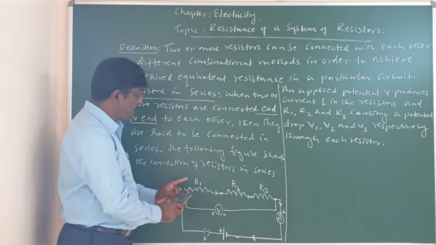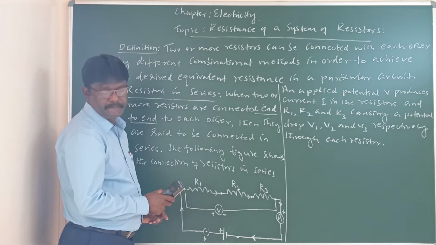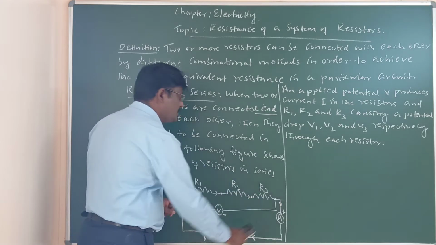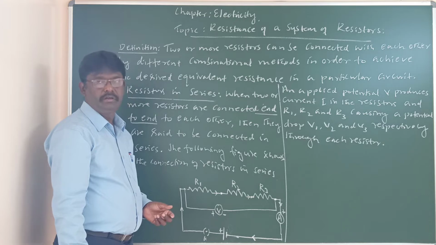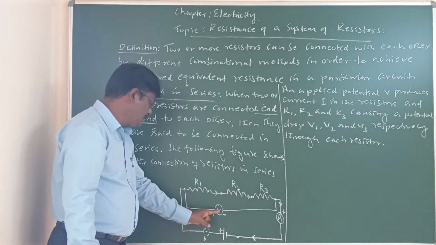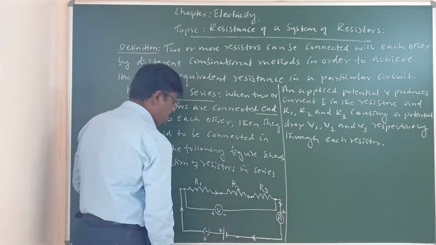This circuit diagram has three resistors connected in series, and here to find out the potential difference we need a device called voltmeter.